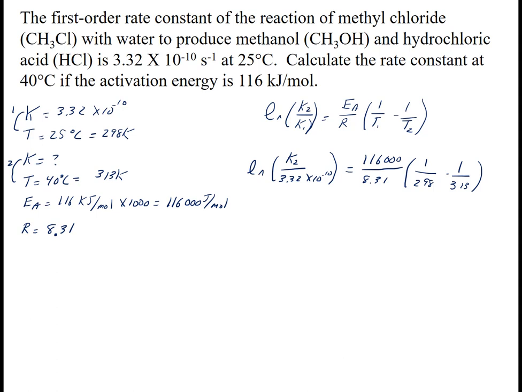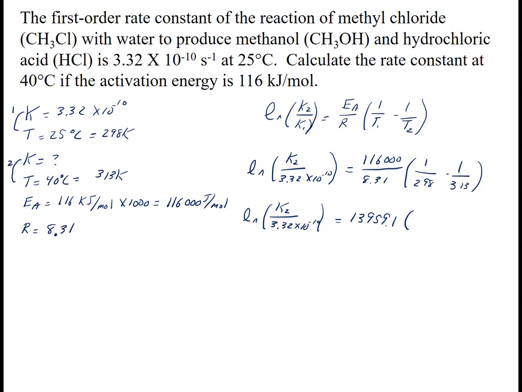Okay, because this is a fraction and it's inside here, I can't do anything to this side just yet, so I'm going to keep it the same, K2 over 3.32 times 10 to the minus 10th. When I divide 116,000 by 8.31, I get 13,959.1.